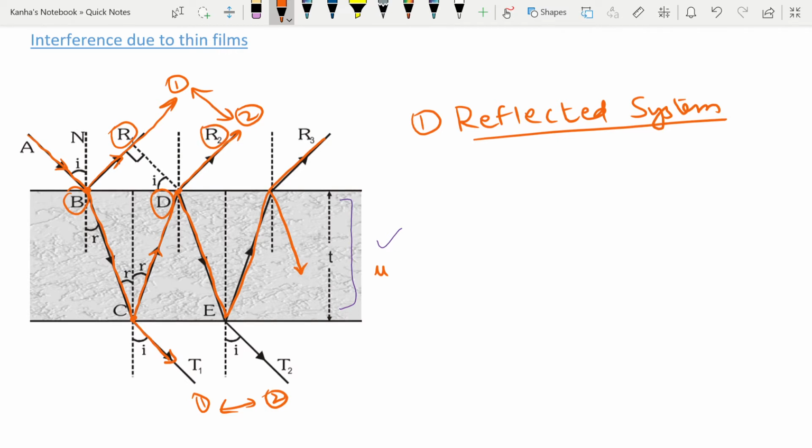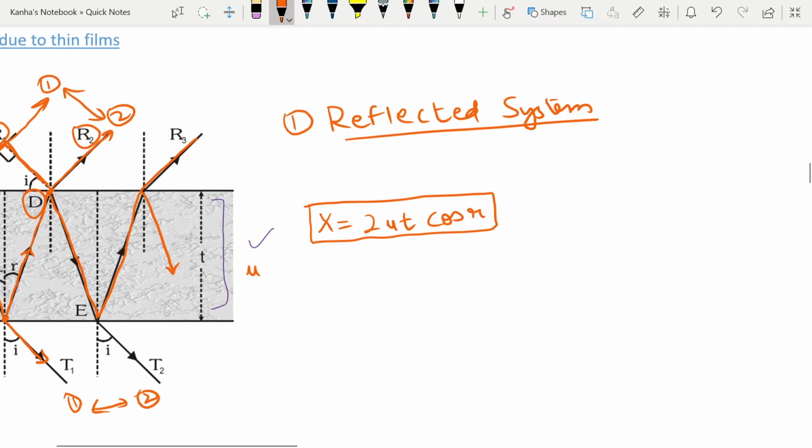How do I calculate it? I make this perpendicular line here, and I see that this is my extra distance between the two. I find that this distance, which I write as x, can be written as 2 mu t cos r. This you can check by simple geometrical construction.